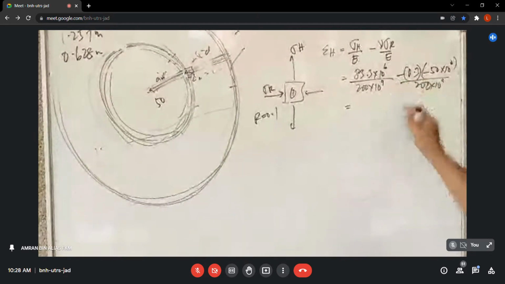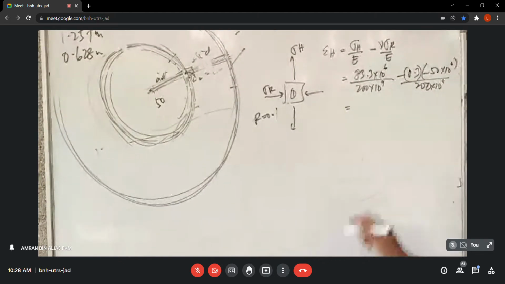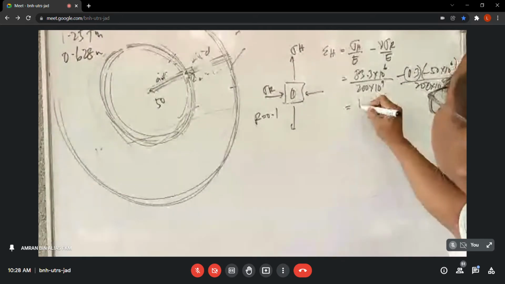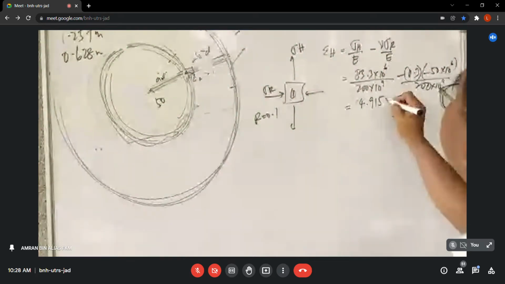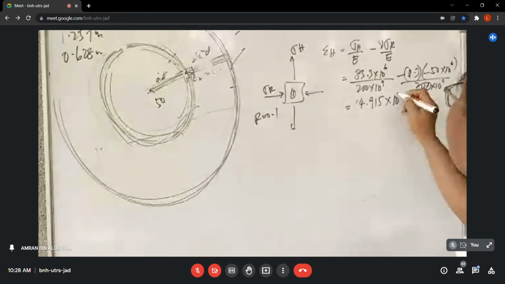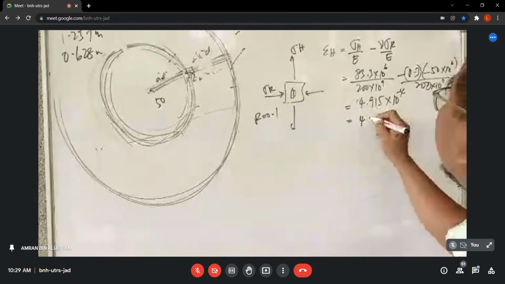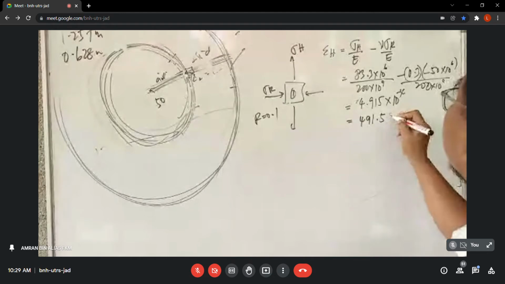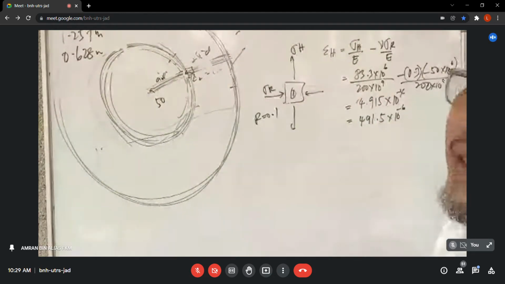Minus and minus become positive. 4.915 times 10 to the power of negative 4. Change that to micro: 491.5 micro. Okay, so that is EH.